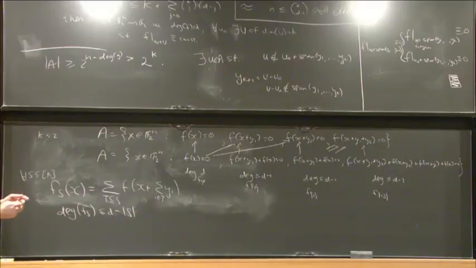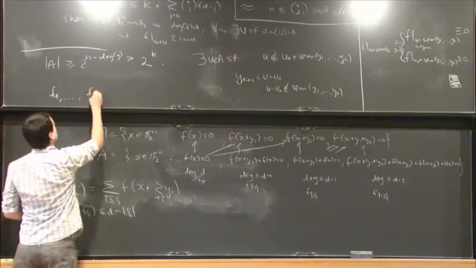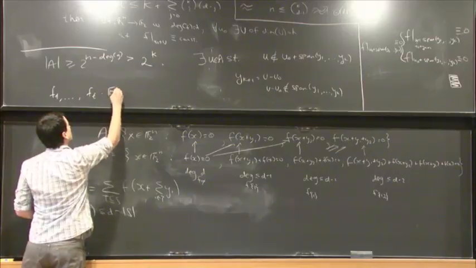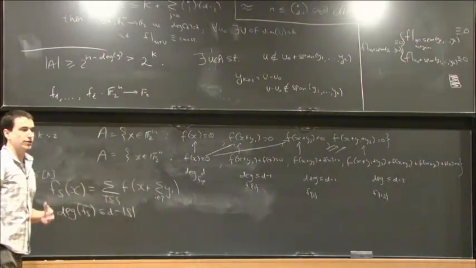So let me just say that it's not hard to generalize this theorem such that it will find a subspace if we have several polynomials. Okay, so we have f1 up till ft. Each one will be a degree d polynomial.